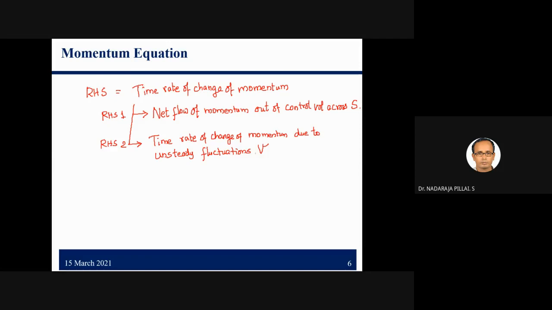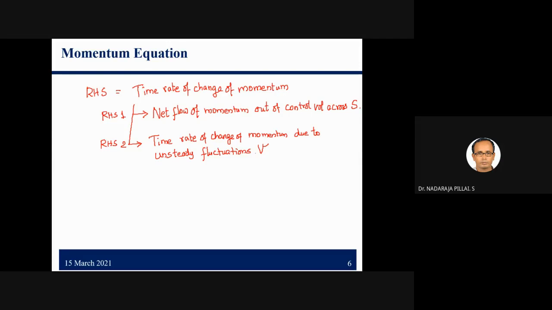So we need to calculate the net flow of momentum out of the control volume across the surface S. So what we can do is outflow minus inflow of momentum across the control surface. That's all.